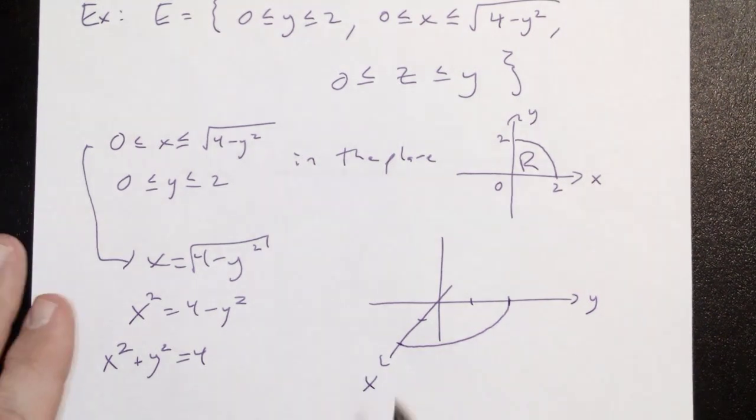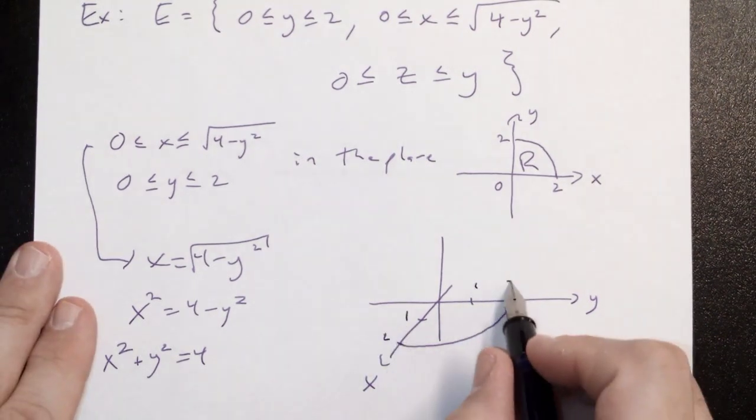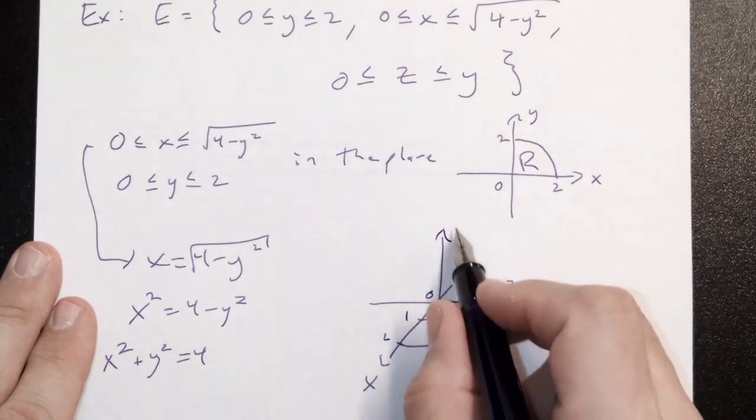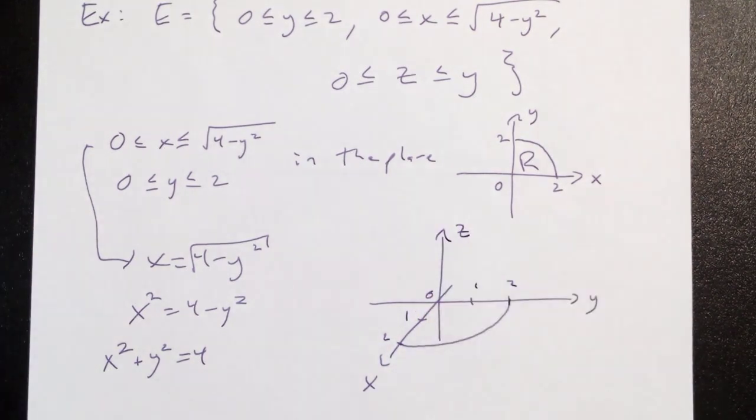There's my quarter circle. Right? Now, let's think of a top and a bottom living over this quarter circle.